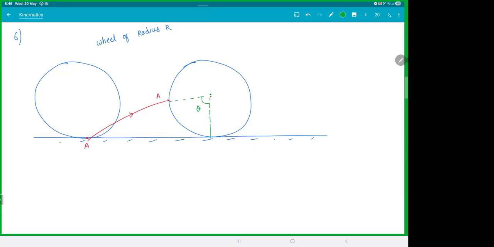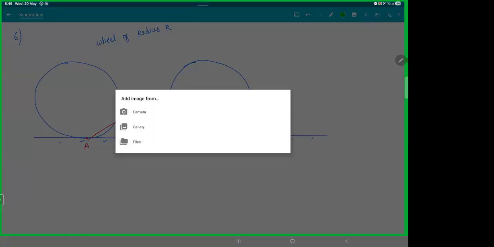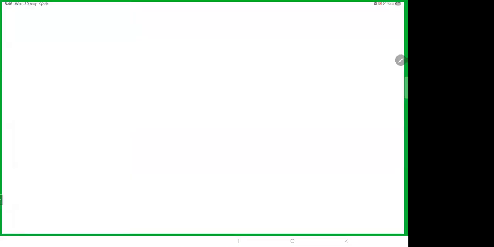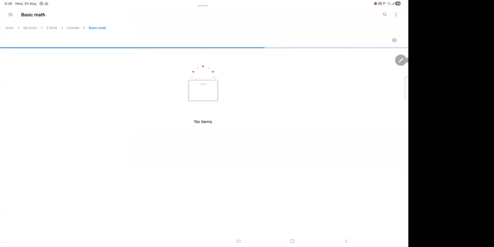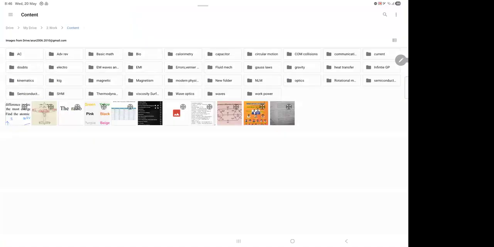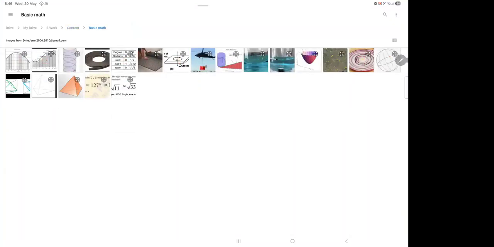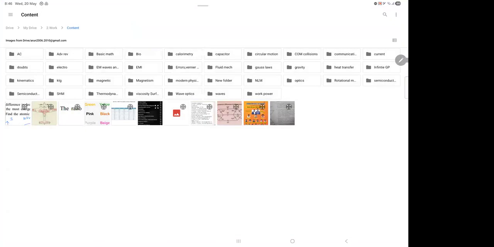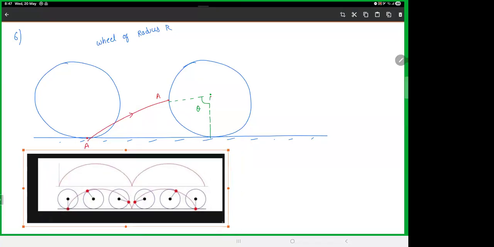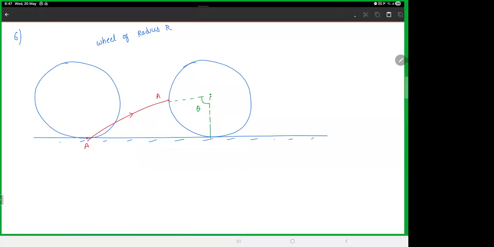So when the wheel rotates by an angle theta, the point A will go something like this. So let me show you the path. Are you guys able to see this?